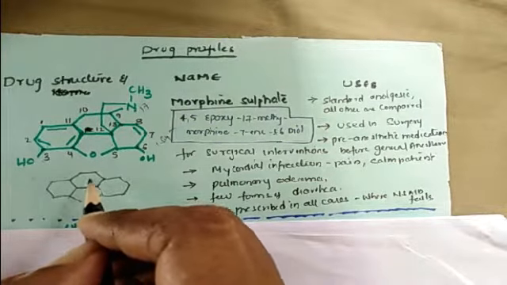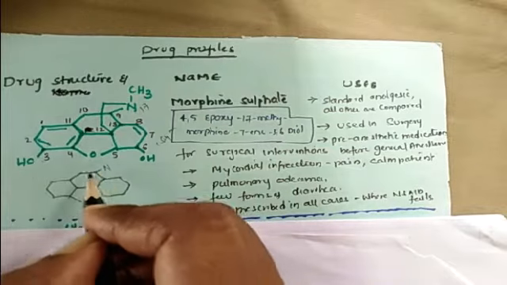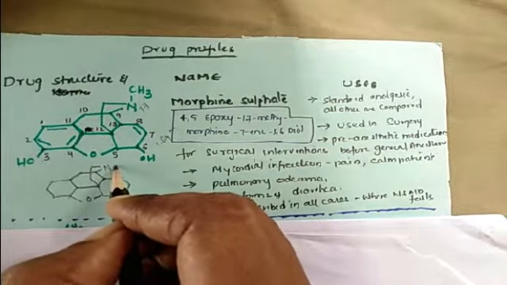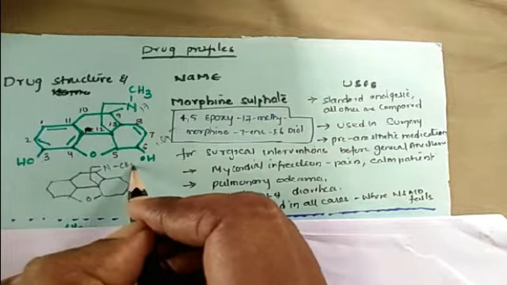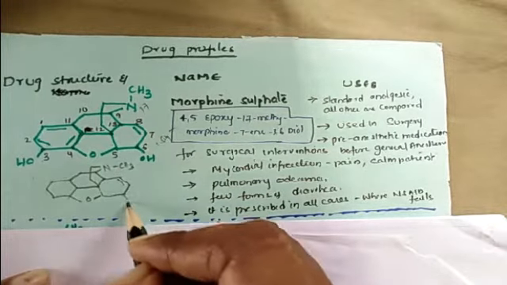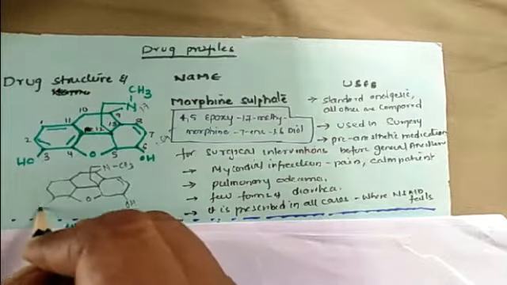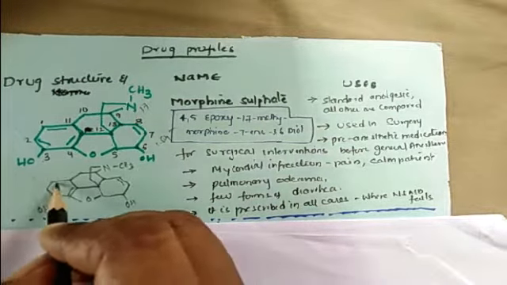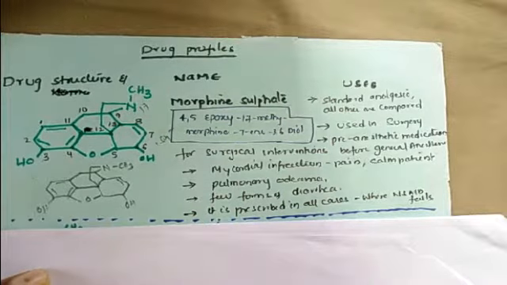Then from here first draw nitrogen, then this linkage, then CH3, then the double bond and OH. Always write the double bond here. This is the structure of morphine.